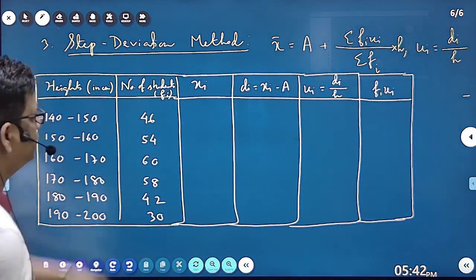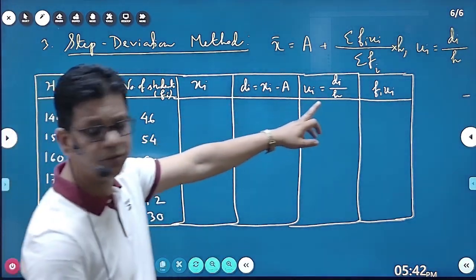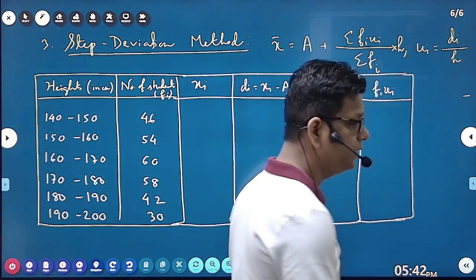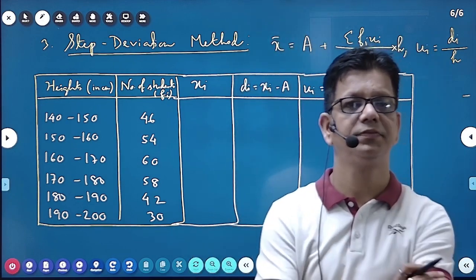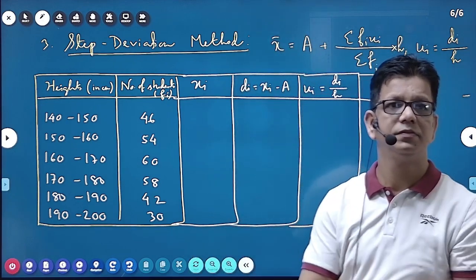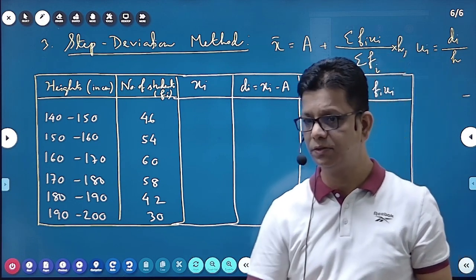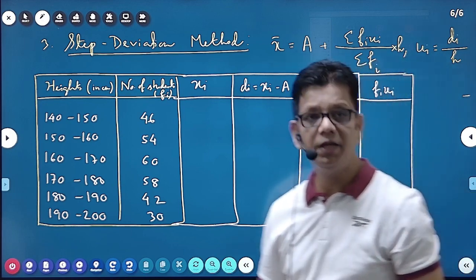Xi you know, di all of you know. This ui is new now. Ui means di divided by h, and then fi into ui. Can you all try? Those of you online, can you try this? Find a from here.